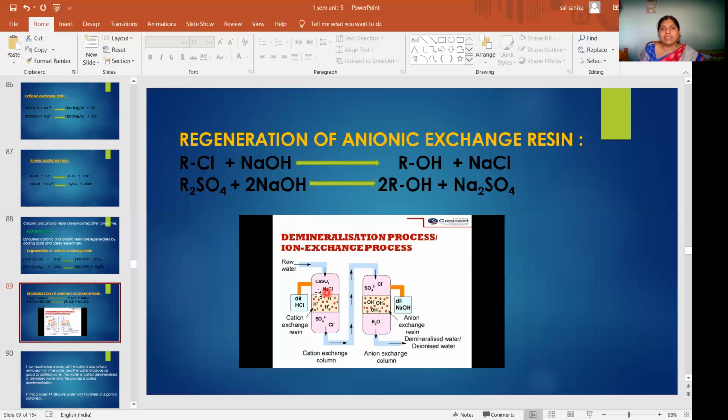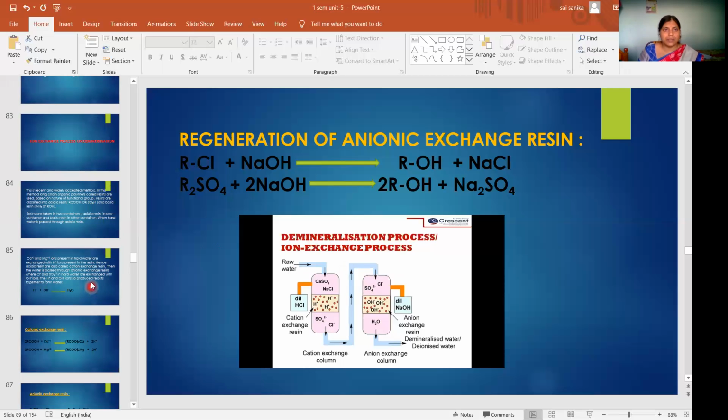And here ions are exchanging. Cations are exchanging with H plus ions, anions are exchanging with OH minus ions. That's why it is called the ion exchange process. So this is the diagram for the ion exchange process.